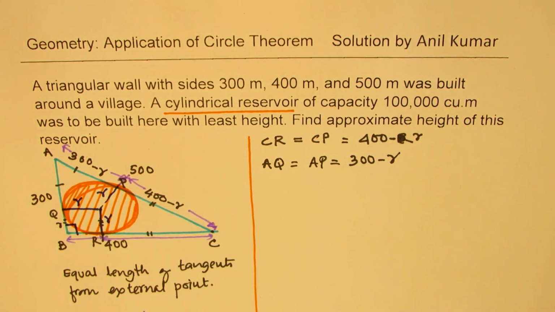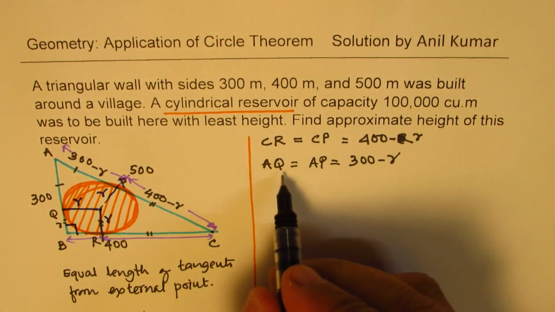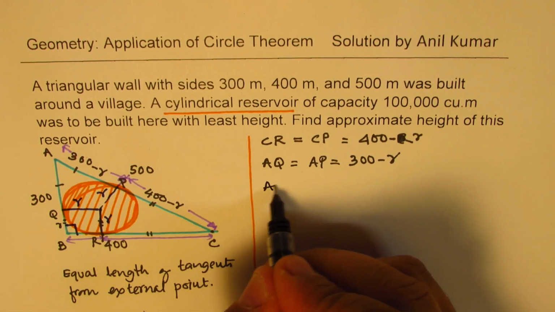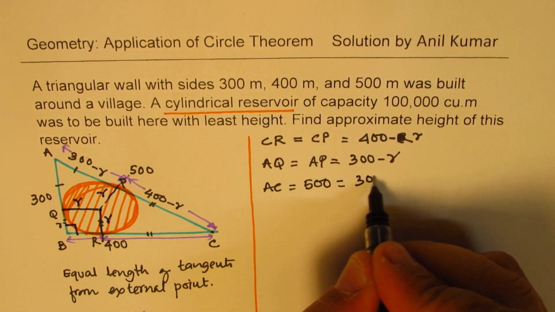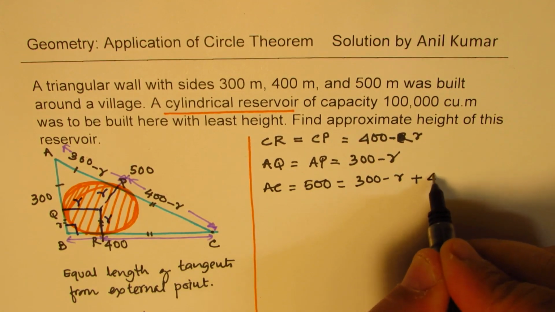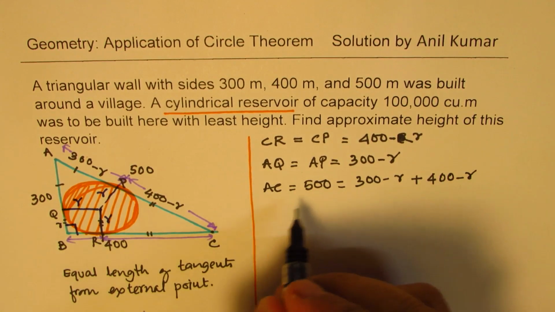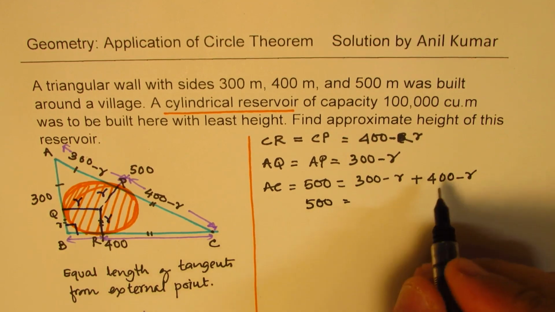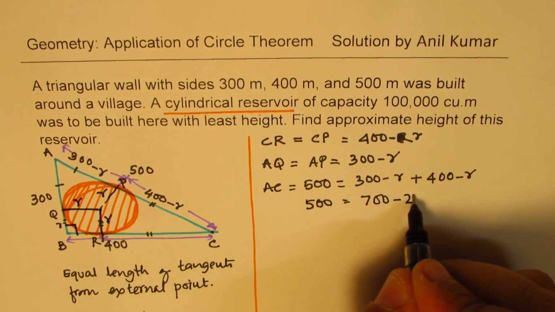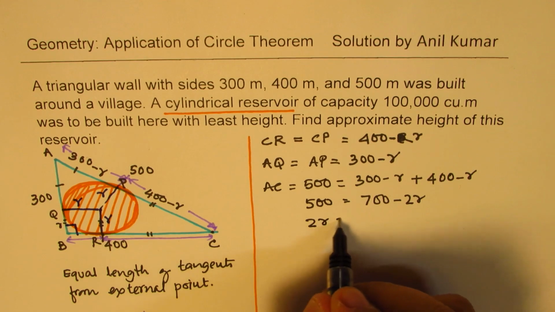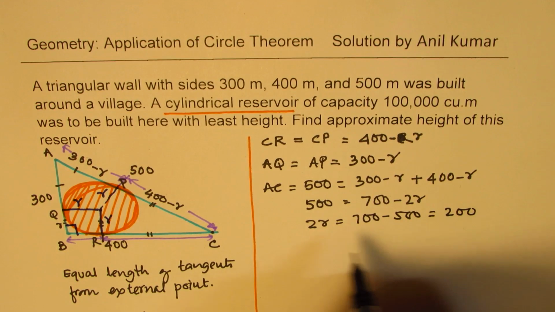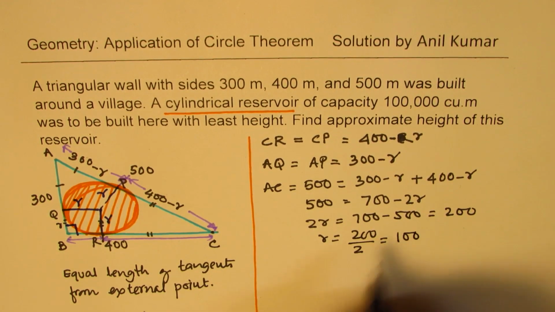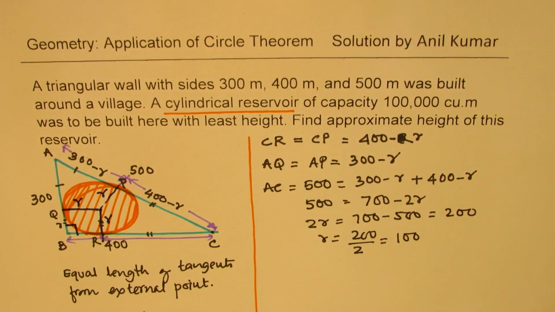So that means that AC, which is 500, should be equal to 300 minus R plus 400 minus R. Correct? So we get 500 equals 700 minus 2R. So 2R is 700 minus 500, which is 200. So R basically is 200 divided by 2, or just 100. So we know the value of R.